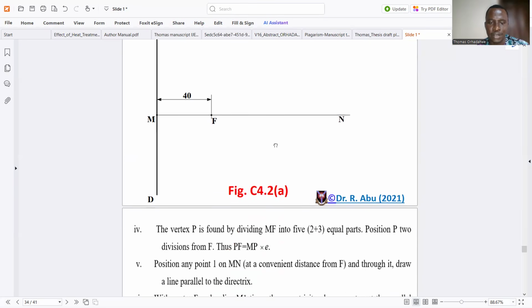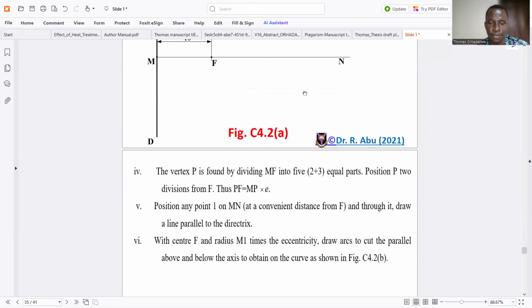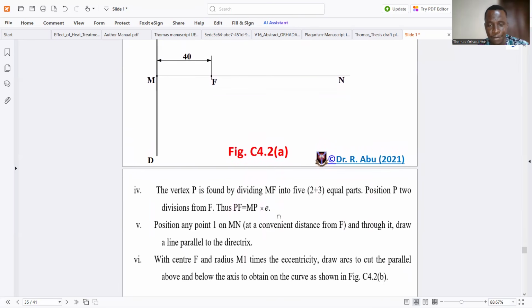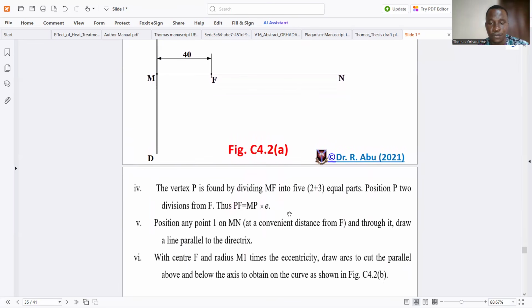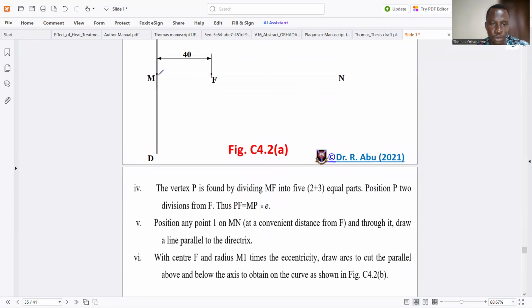After that, you locate your focus, which is 40 mm away from DD. Then the vertex P is found by dividing MF into 5 parts. So, like we said, how to divide the line again. We'll come here. This is MF. We want to divide it into 5 parts.